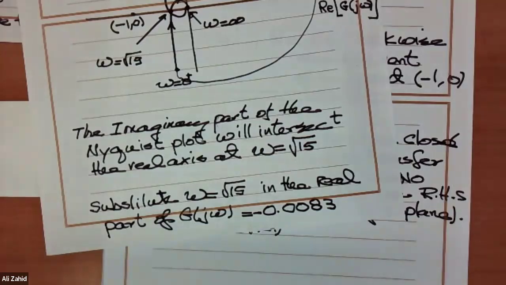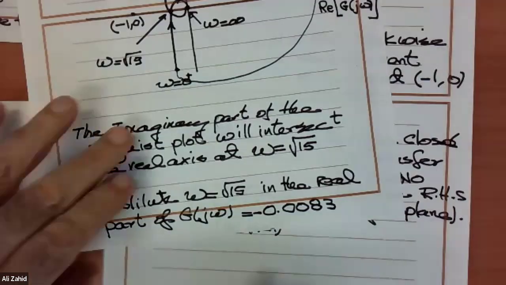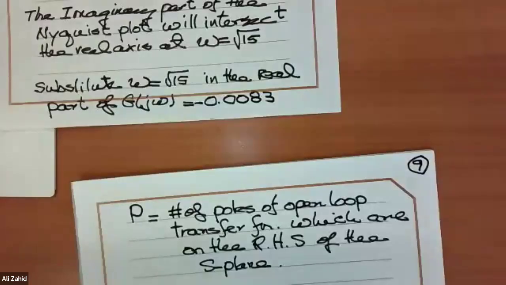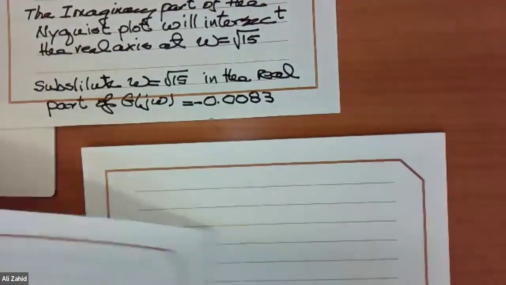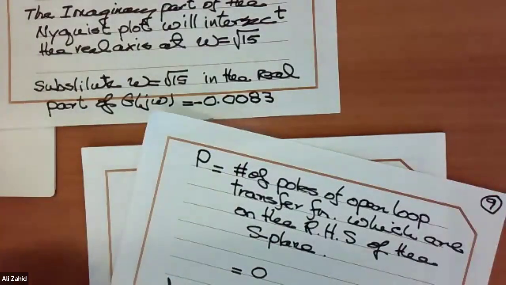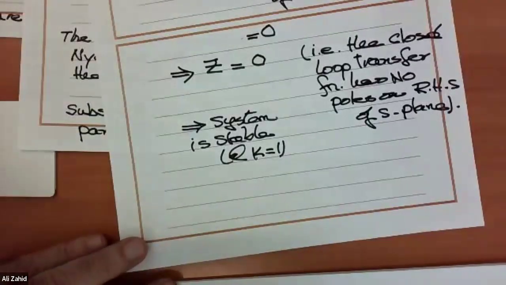When k is equal to 1 over 0.0083, which is approximately 120. Let's see if you can help me. When k equals 1 over 0.0083.